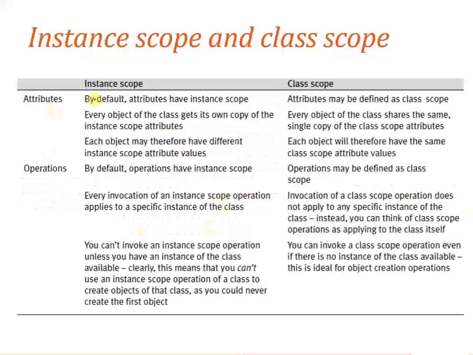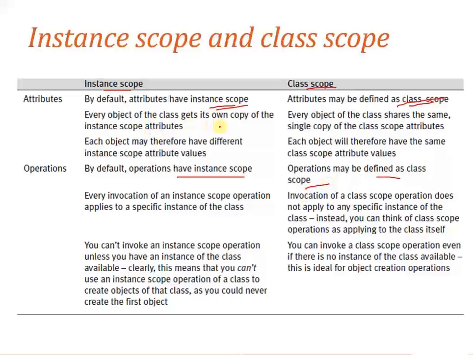This slide focuses on the differences between attributes and operations declared with instance scope and class scope. By default, attributes have instance scope, and they can be upgraded to class scope. Similarly, operations by default have instance scope, which can be further upgraded to class scope.